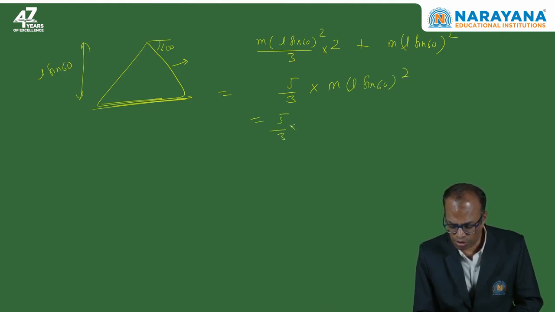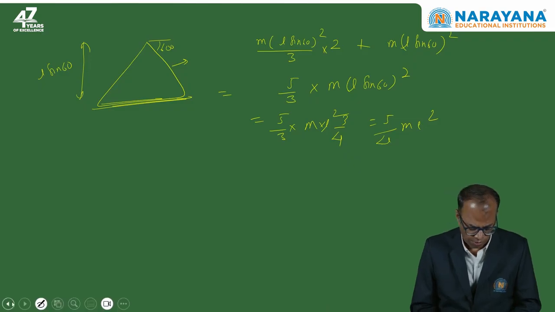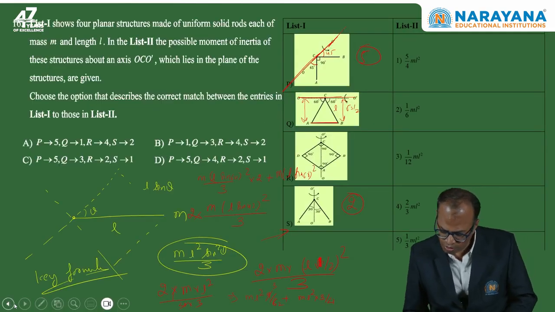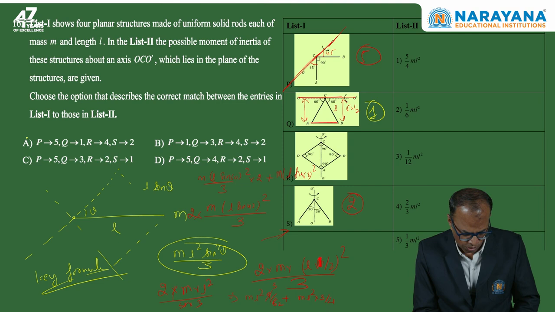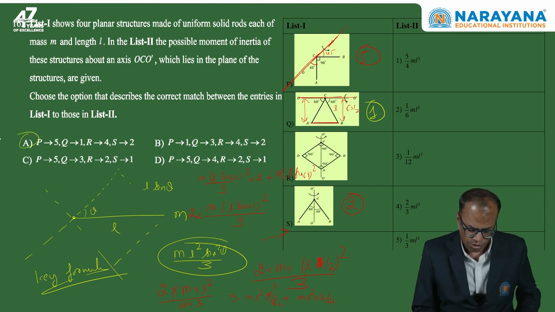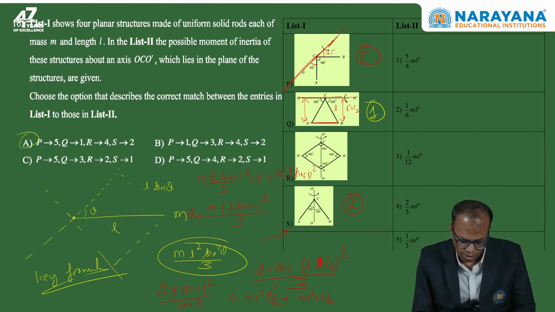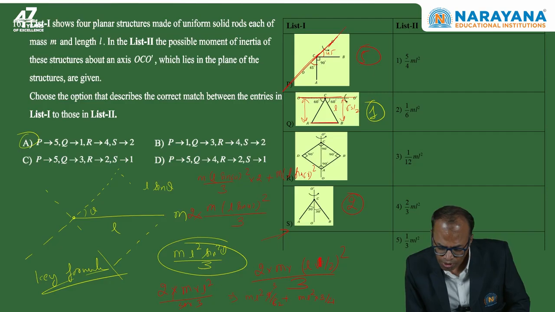So 5 by 3 into m into 3 by 4, so 5 by 4 mL² must be the answer. Do we have any option like 5 by 4 mL²? Yes, it is 1. So Q1. So P5, Q1 and S2. Option A is the correct answer. Great.